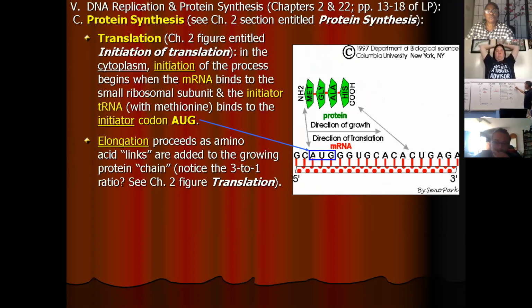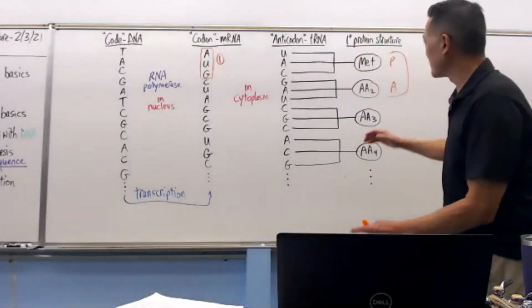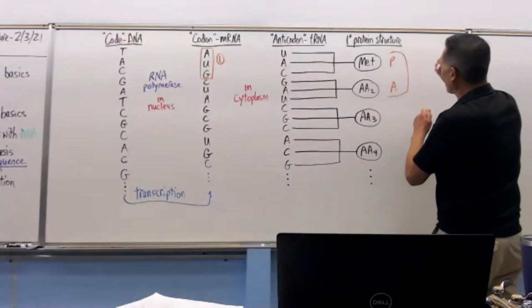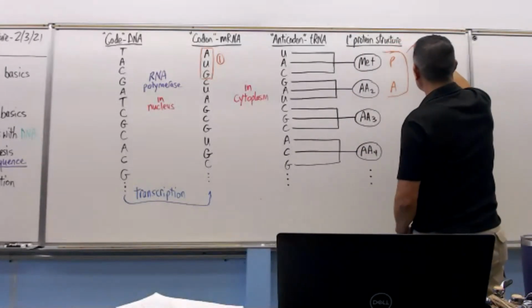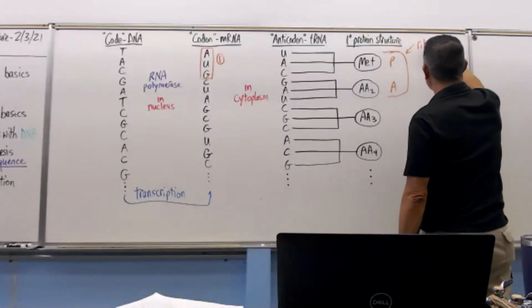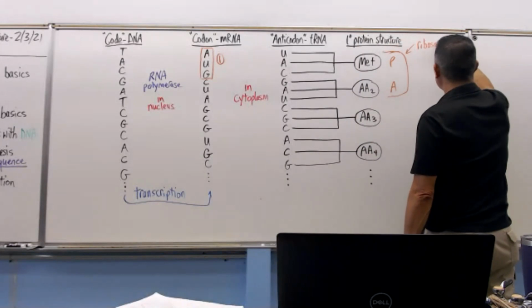Well, methionine is going to go into the P site, then whatever matches this codon with this anticodon, I don't have it memorized, but that's going to be amino acid 2. That goes on the A site. Okay? Now, before it slides, and that's all the ribosome is going to do, this big orange blob here is the ribosome with rRNA.